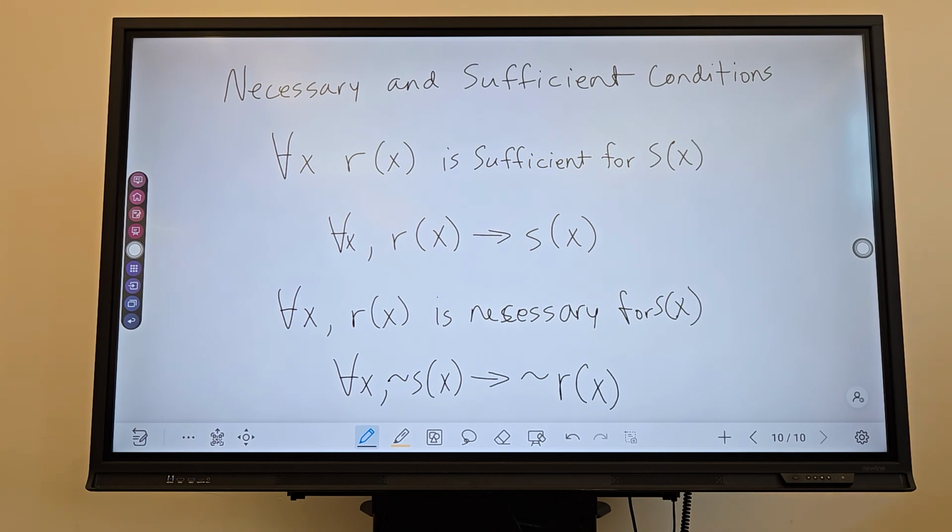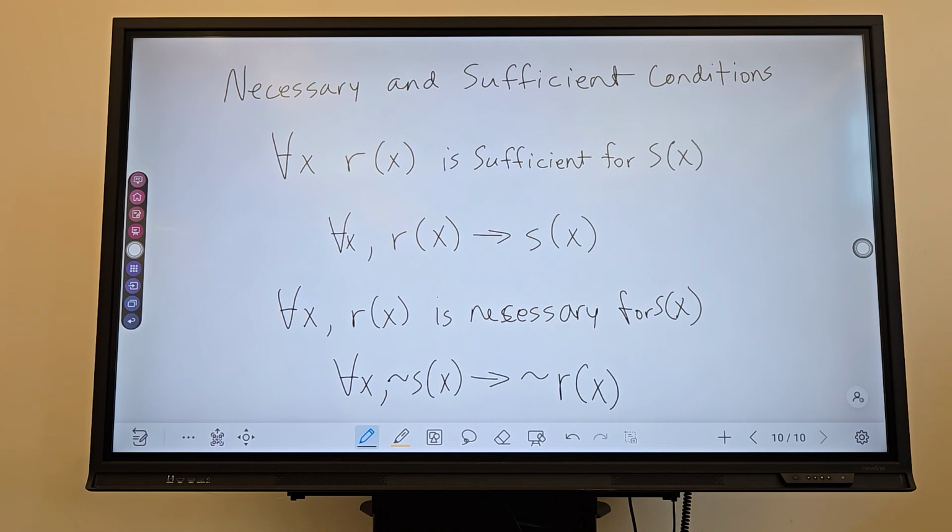Being at least 35 years old is a necessary condition for being President of the United States. For all persons X, if X is less than 35, then X cannot be President of the United States.